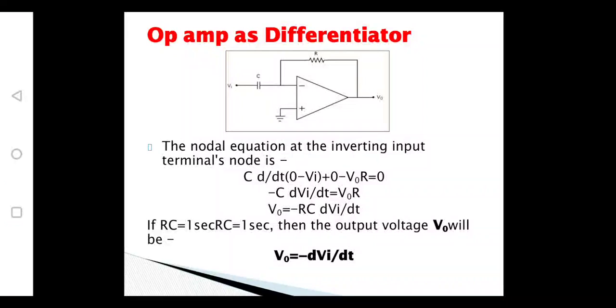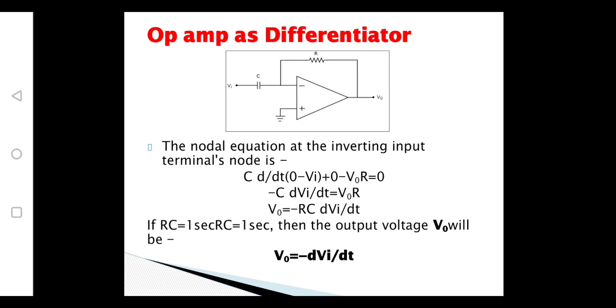In this session, let us discuss the applications of an op-amp. In the last session, we discussed the basic operations performed by an op-amp, that is, how the op-amp can be used as an adder or a subtractor.